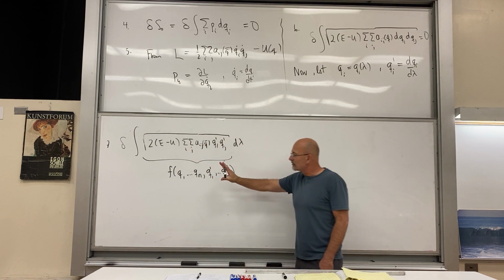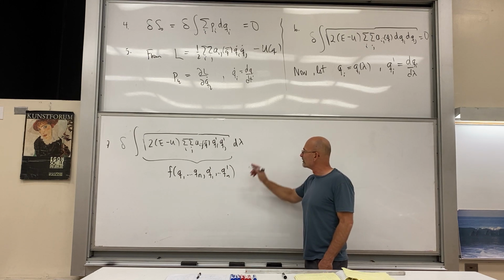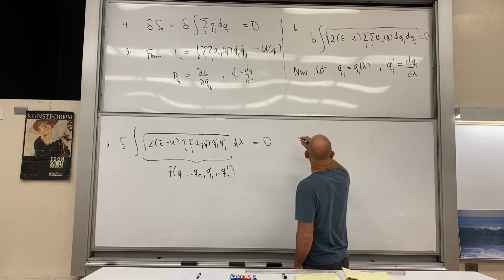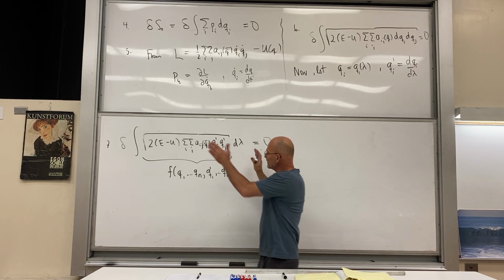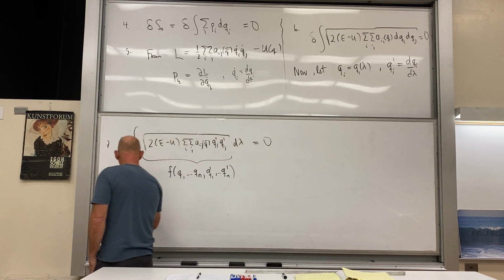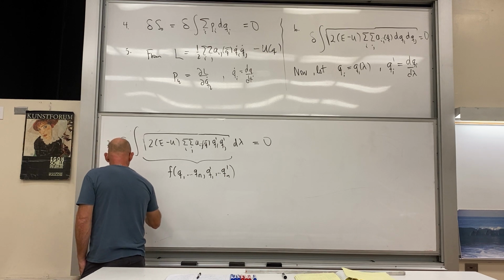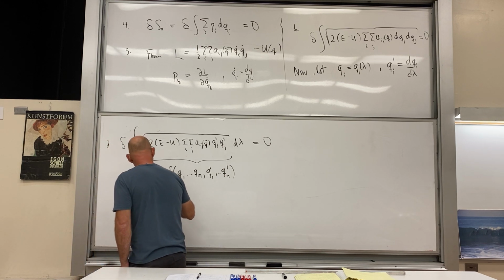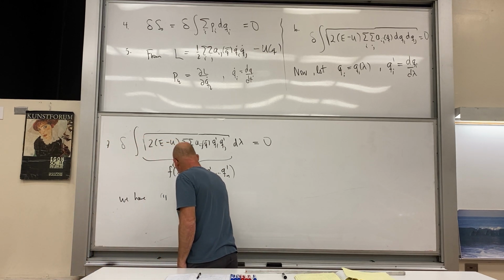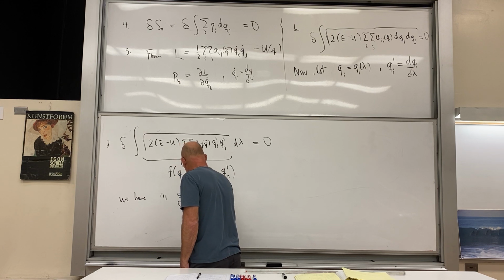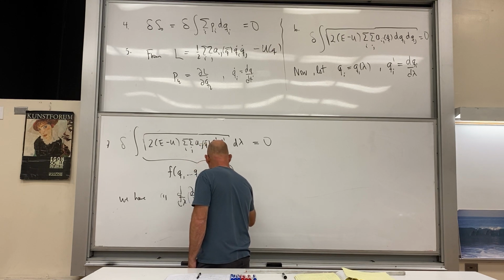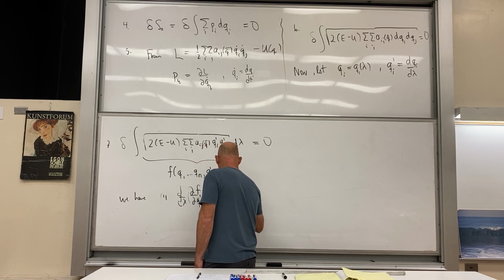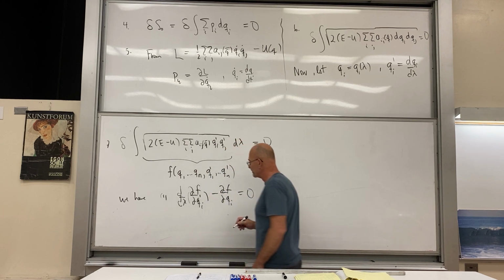And for this we have Euler-Lagrange equations, because we have a variational principle equals 0, right? We have a variational principle, and we have something of this form, and that's why we have two things. First, d/dλ of partial f partial q_i prime minus partial f partial q_i equals 0.